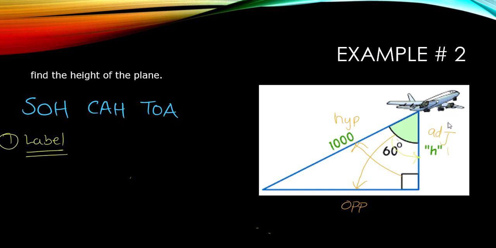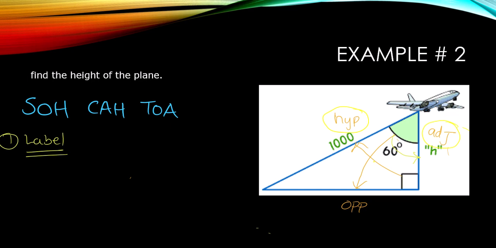And the side adjacent is right here where your plane is. Another way you can look at it, there are only 3 sides: opposite, hypotenuse and adjacent. Once we have opposite and hypotenuse, the only side you have left is adjacent, and this side is adjacent. So now we are dealing with hypotenuse and adjacent.